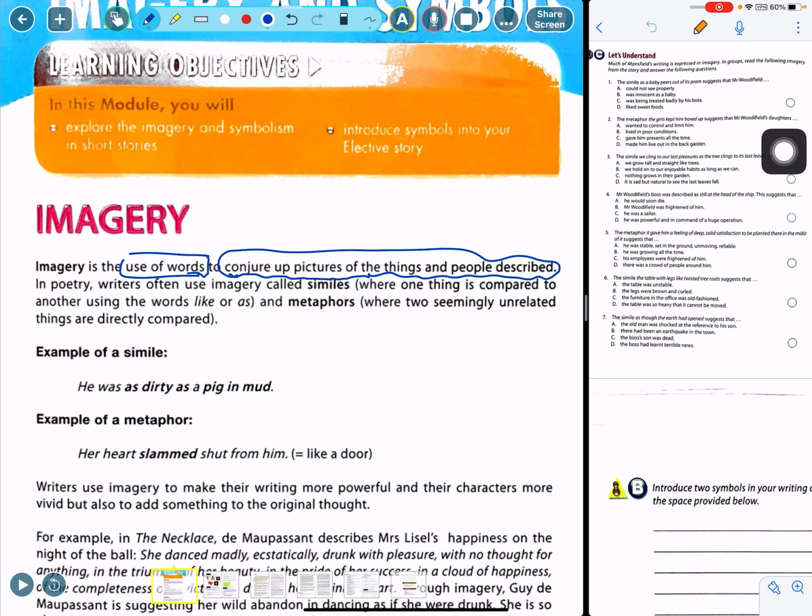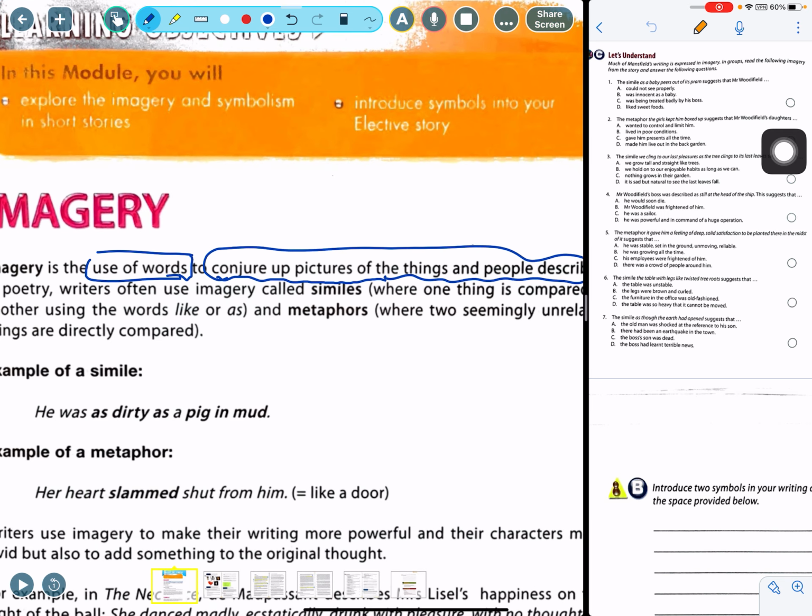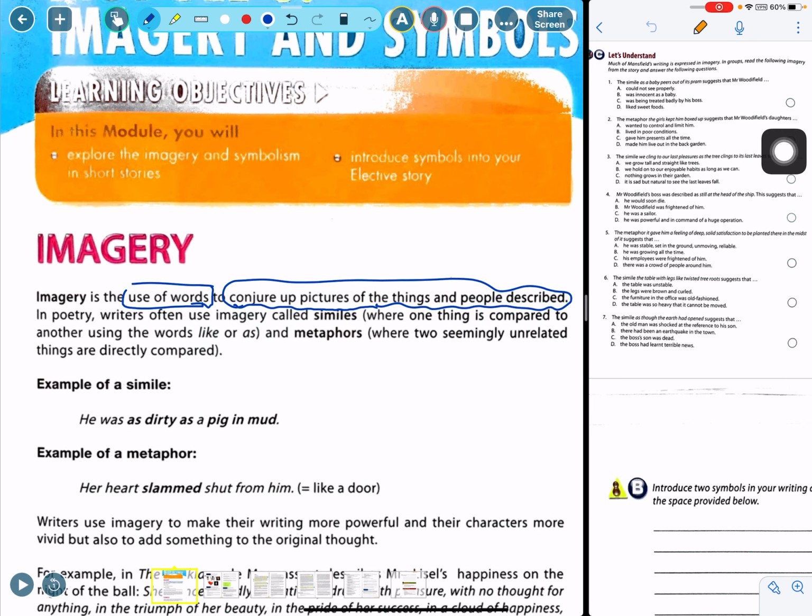Okay, it's very often used in poetry, especially in terms of similes or metaphors. So similes: when one thing is compared to another using the word like or as. For example, he was as dirty as a pig in mud.